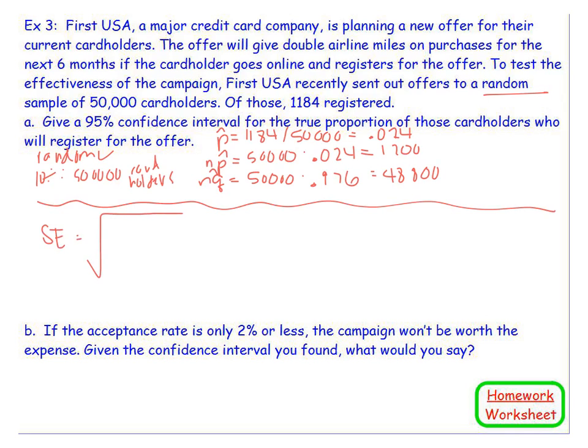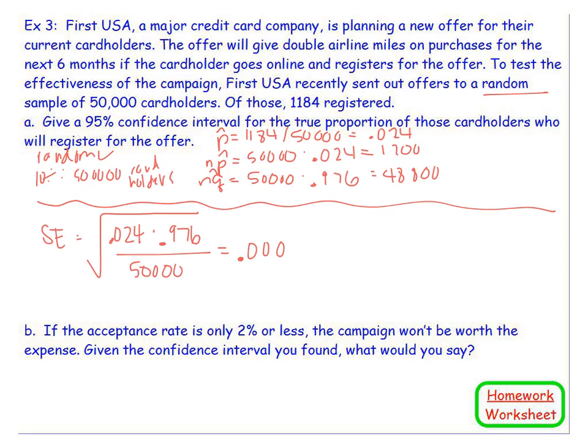Standard error. Big square root. p hat was 0.024, q hat was 0.976, and n was 50,000. Now, when I put this in the calculator, I get 3 zeros to start it. So this is going to be a really tiny number.